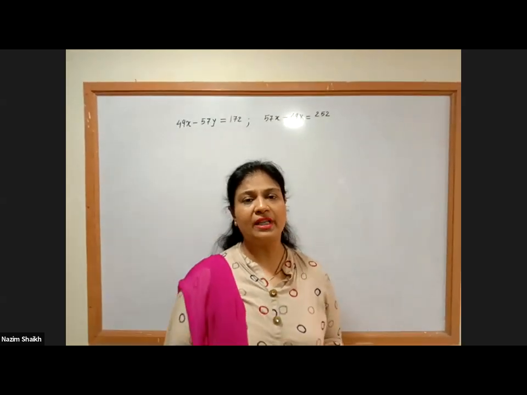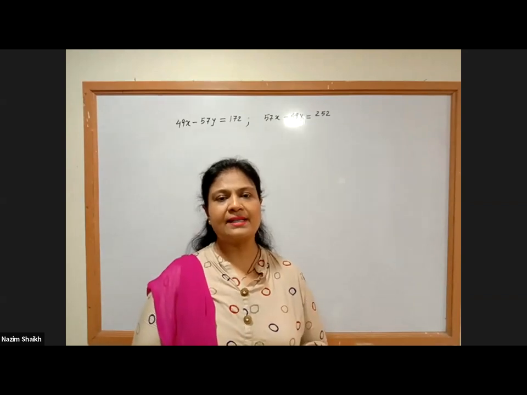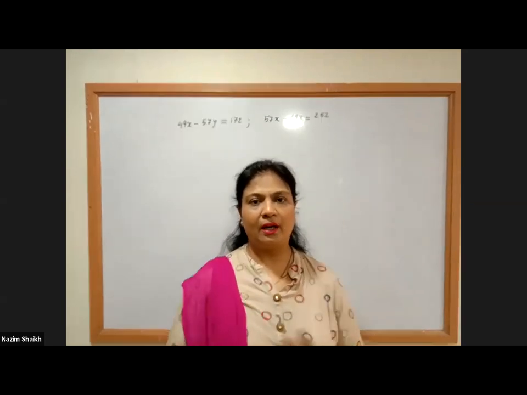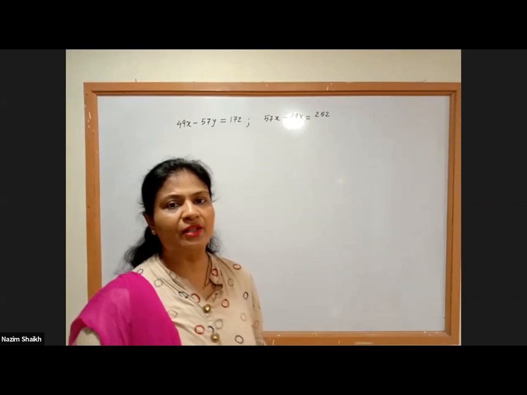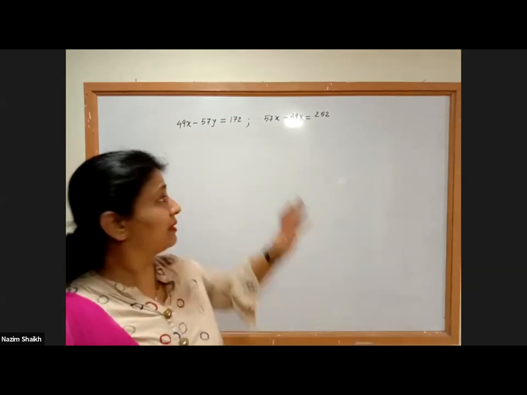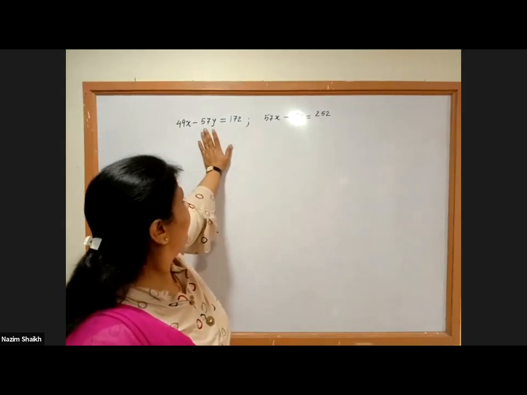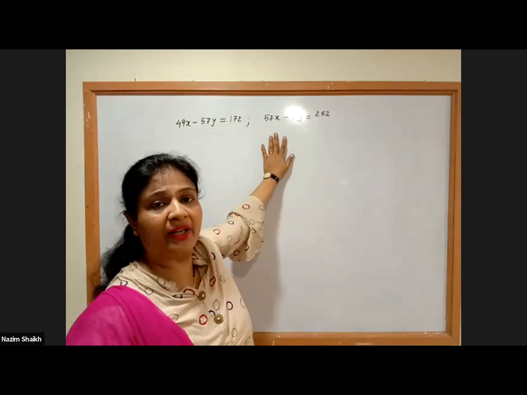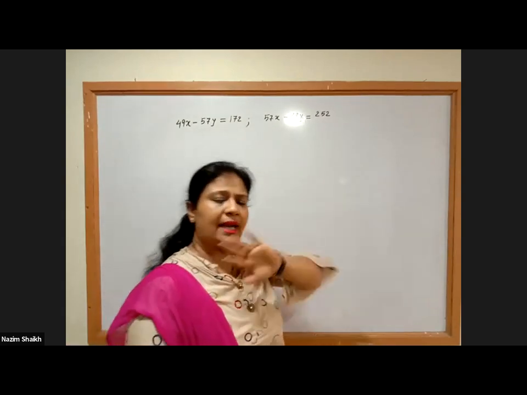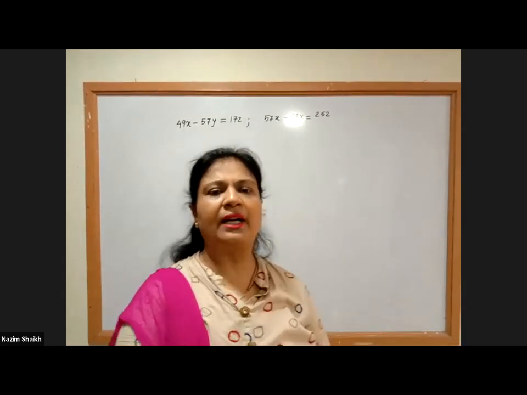Are you observing the equations? Yes, exactly like the previous question. The variables have got altered themselves. The 49x here is 49y there. Then 57y here is 57x. Exactly the same steps. Don't pay attention to the signs.